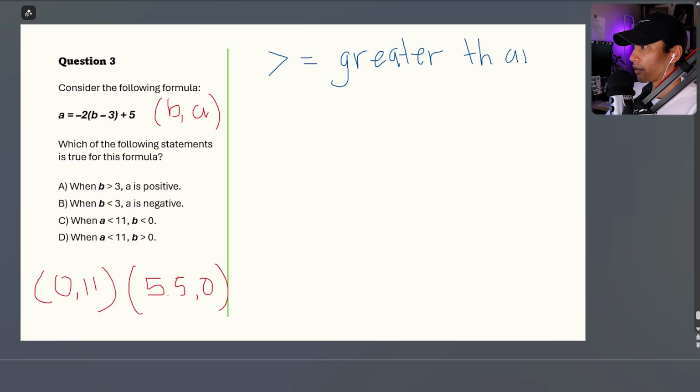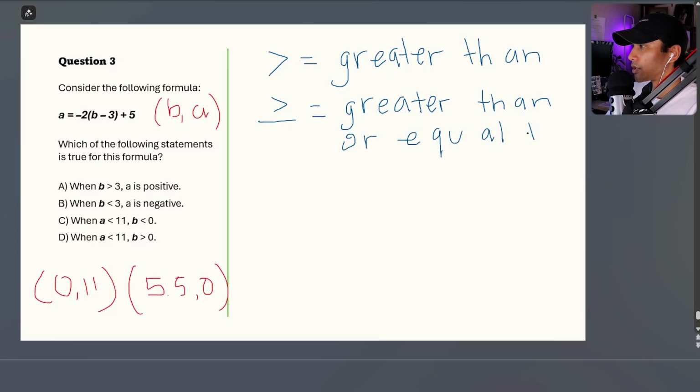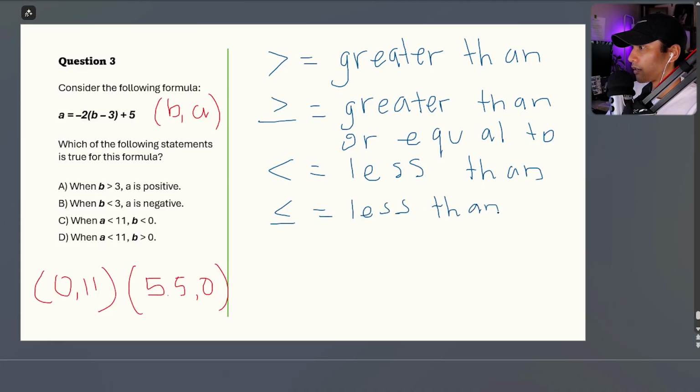This, with a line under it, equals greater than or equal to. And in contrast, this equals less than. And then this one equals less than or equal to.